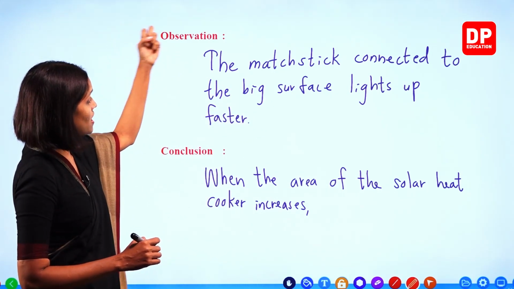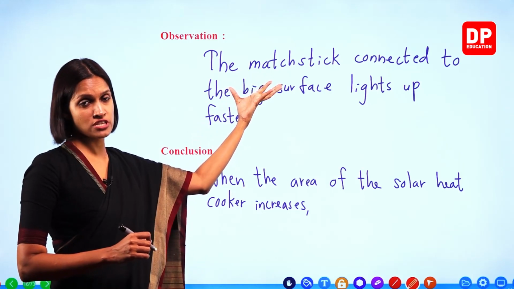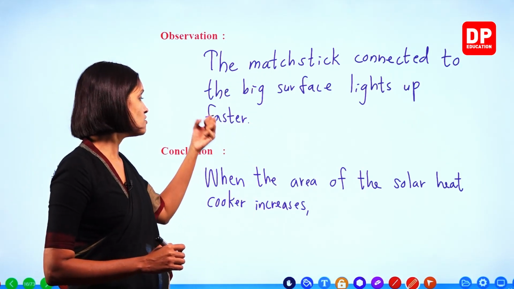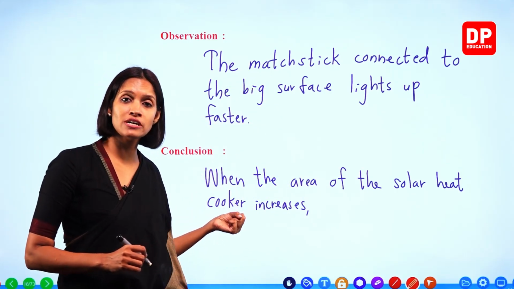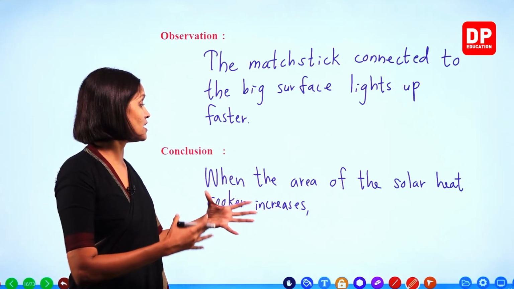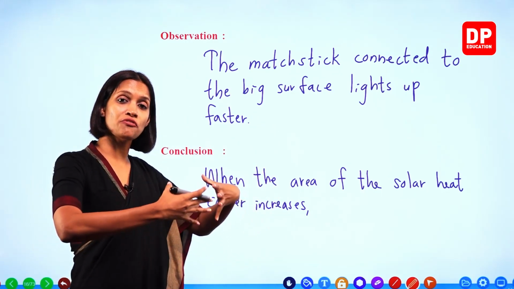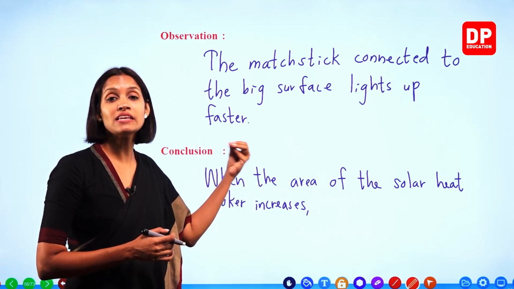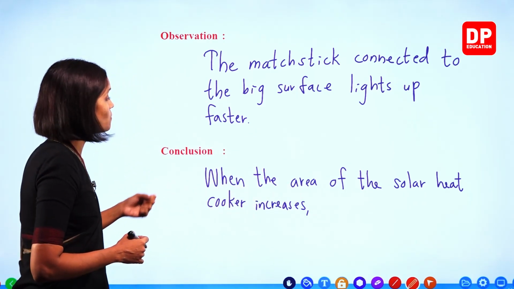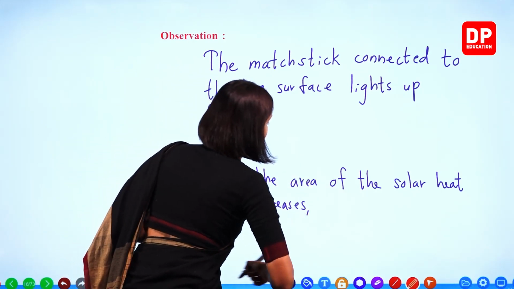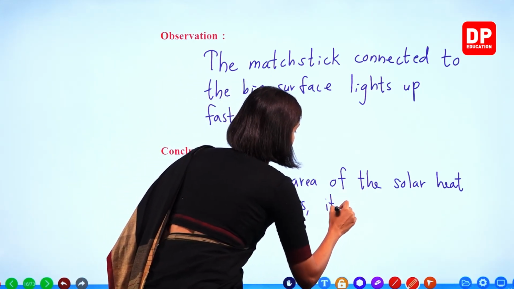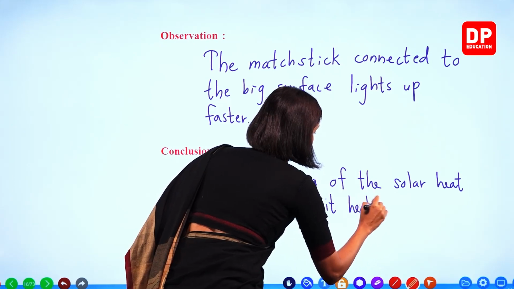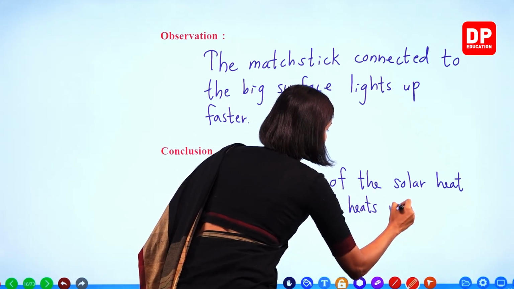So that happens faster when we use big surfaces, which means in the same way when we use solar heat cookers, when the size of the surface is higher, what happens, children? It can heat up faster, okay? When the area of the solar heat cooker increases, it heats up faster.